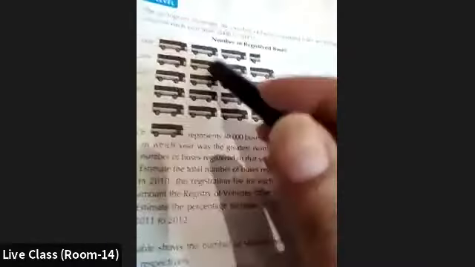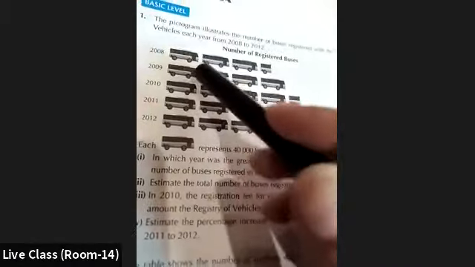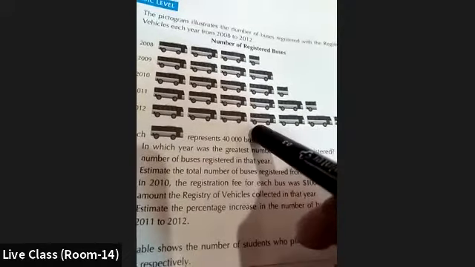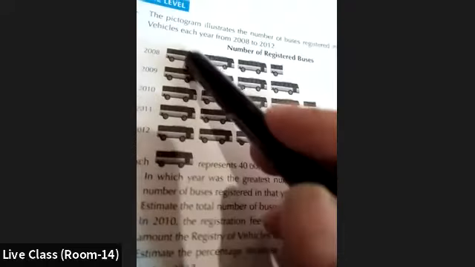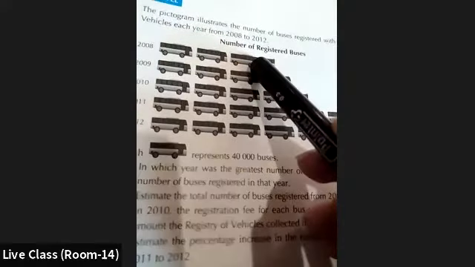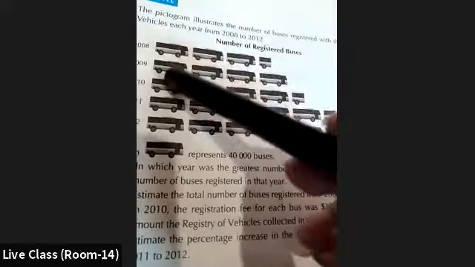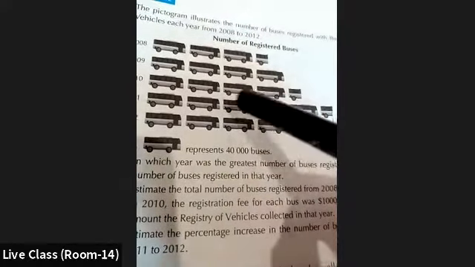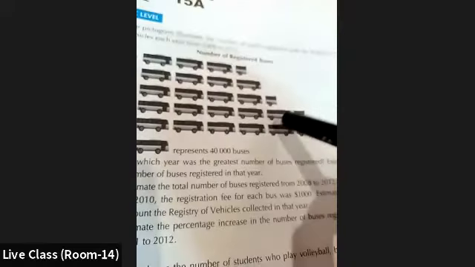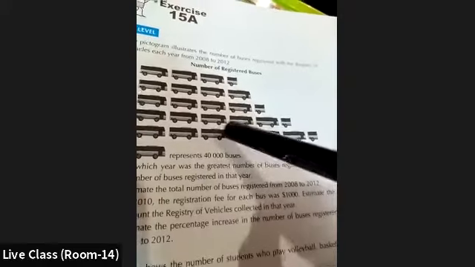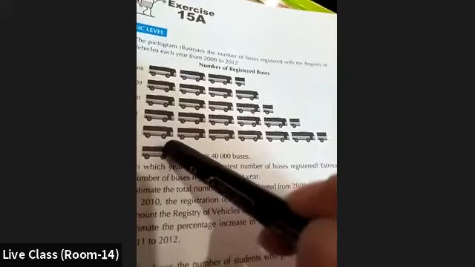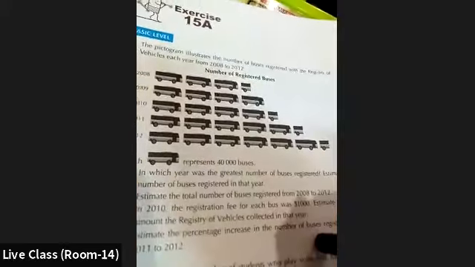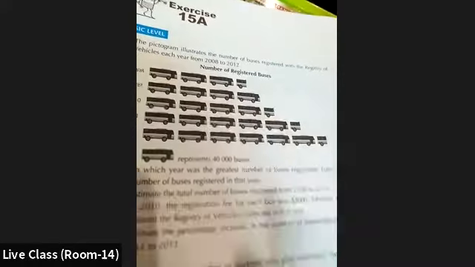Okay, first of all, you have to find how many buses are there. Then you have to multiply with 40,000. 1, 2, 3, 4, 5, 6, 7, 8, 9, 10, 11, 12, 13, 14, 15, 16, 17, 18, 19, 20, 21, 22, 23, 24. 24 buses are there.